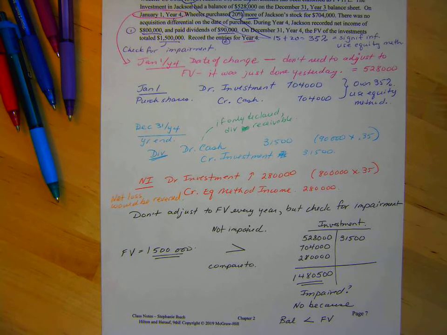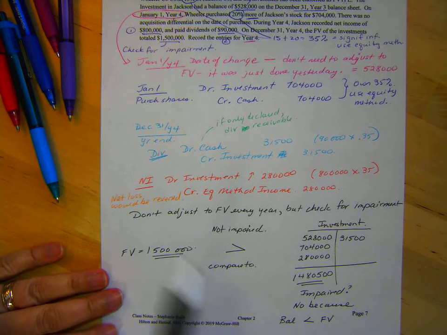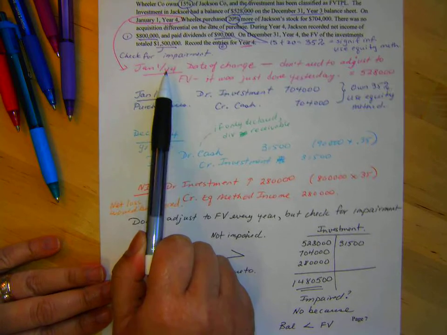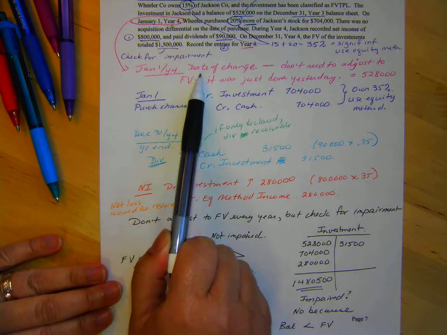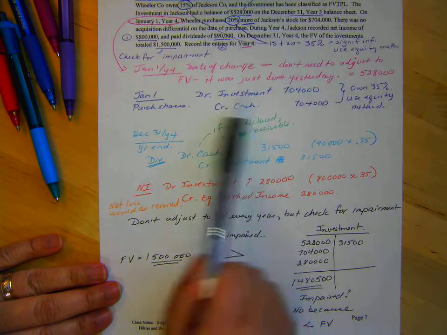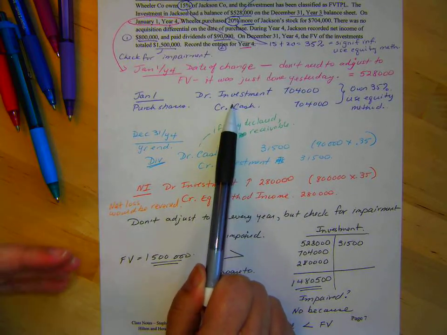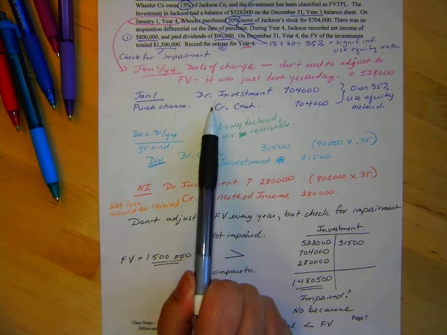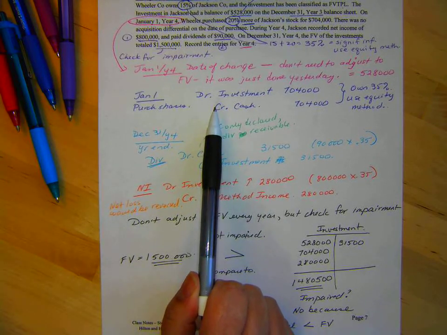Okay, so that was switching from fair value through profit and loss to equity. The big thing is, if it's not already at fair value, you've got to change it to fair value. Then you can go ahead and record the other stuff, the extra purchase if there was one. Sometimes it's not, right? It's just surrounding information changes, like fewer shareholders are holding the shares.